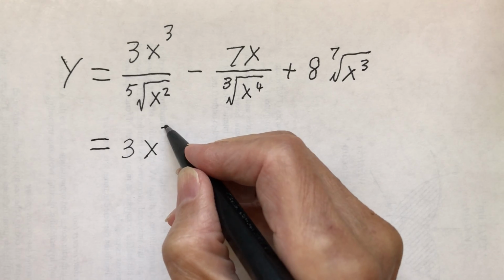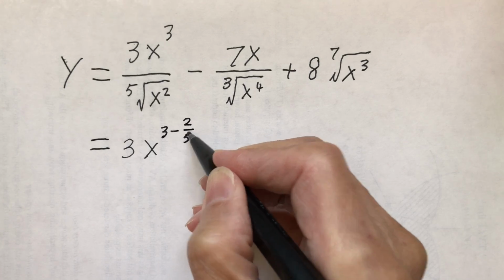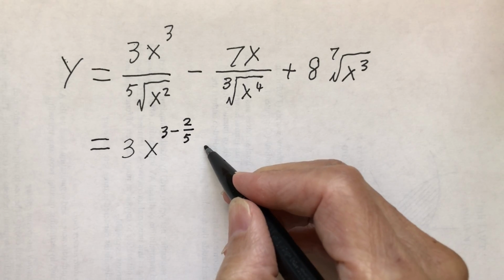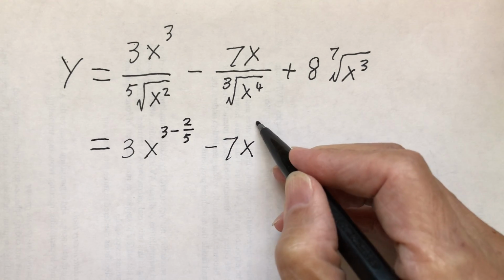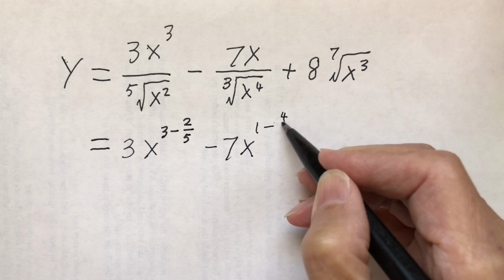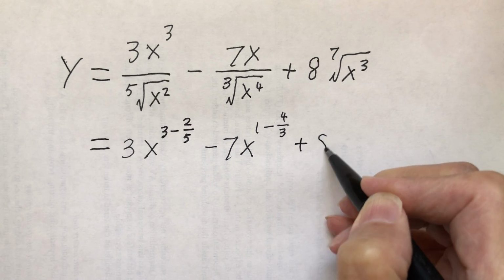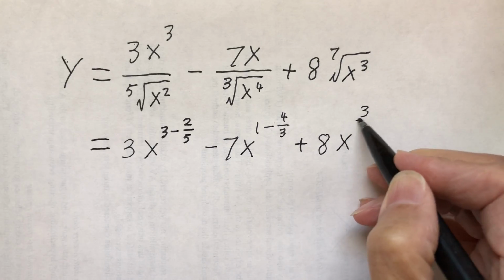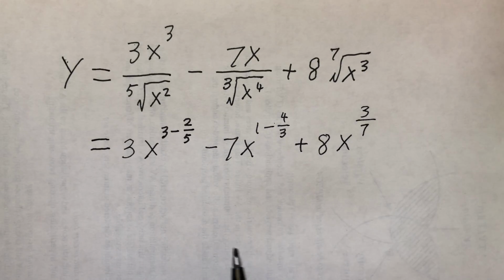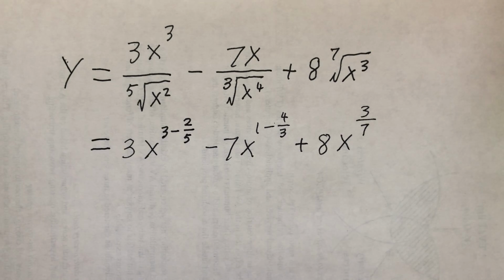All right, so this is 3 x to the power 1 minus 2 over 5, minus x to the power 4 over 3. So rewrite this function in terms of exponents.